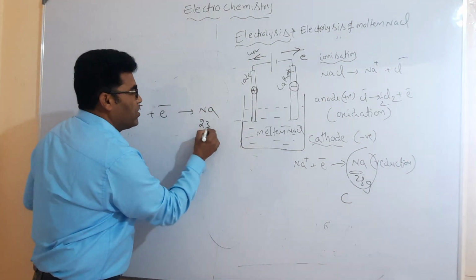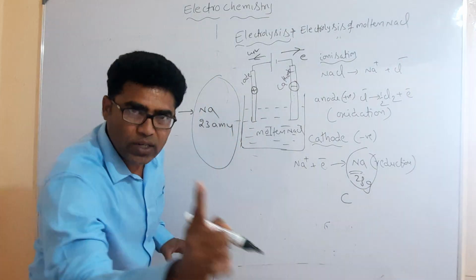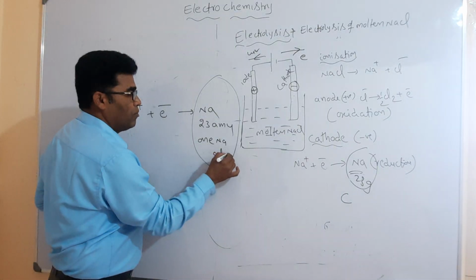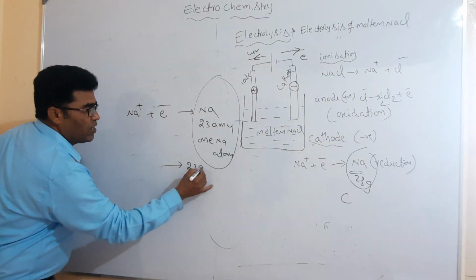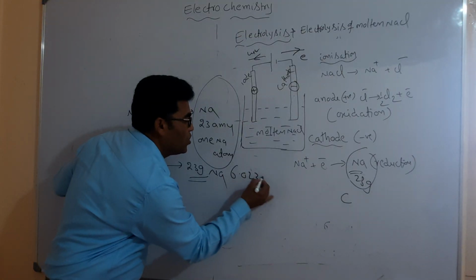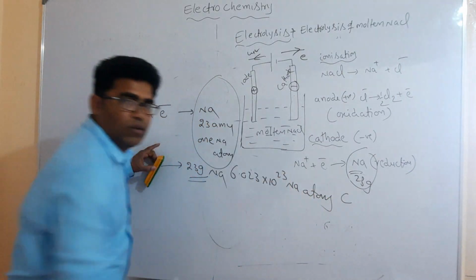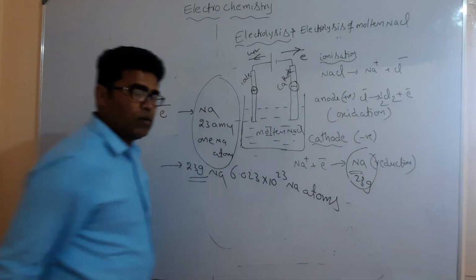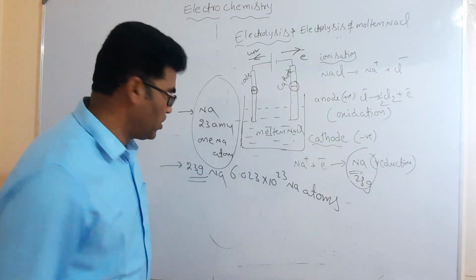You know the mass is 23 AMU. 23 AMU means one sodium atom. 23 gram sodium means 6.023 into 10 power 23 sodium atoms.